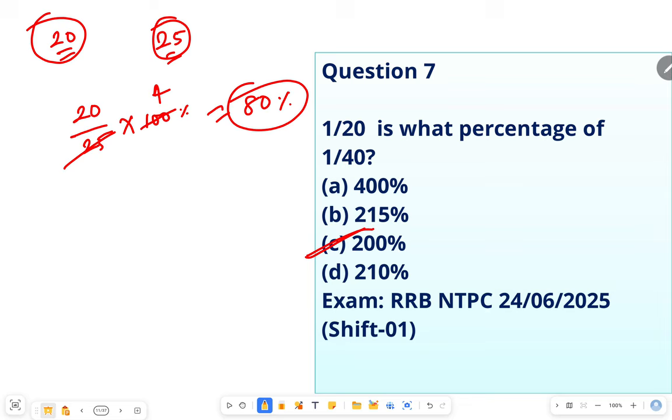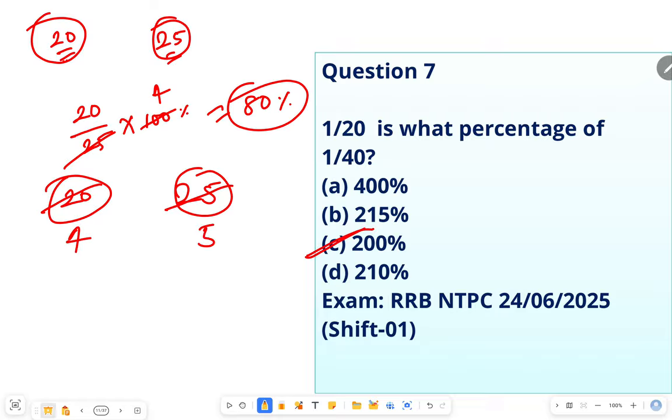But instead of taking these two numbers, we have one more option, and we can also take these numbers in the simplified form. For example, this 20 and 25, we can also take the ratio of these two numbers. We will divide by 5, then it is 4 times and 5 times.